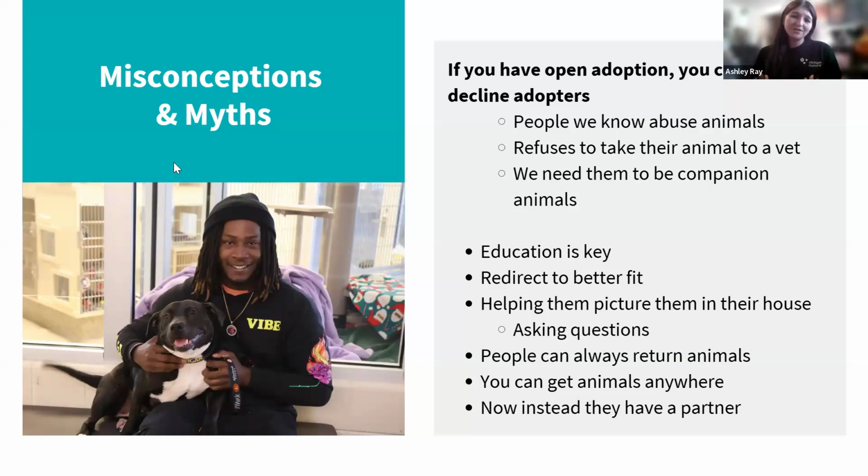So I know there's a lot of little caveats that come with that, with the situations of animals living outdoors. They are technically legally allowed to live outdoors in a lot of places, but that's where our field services team comes in and makes sure that those are properly cared for.